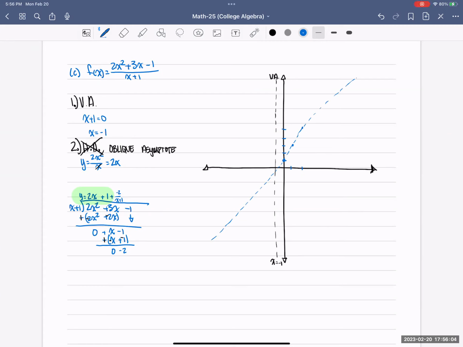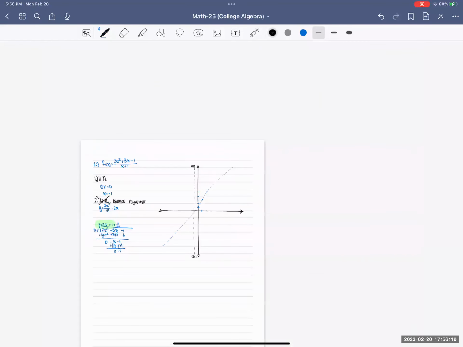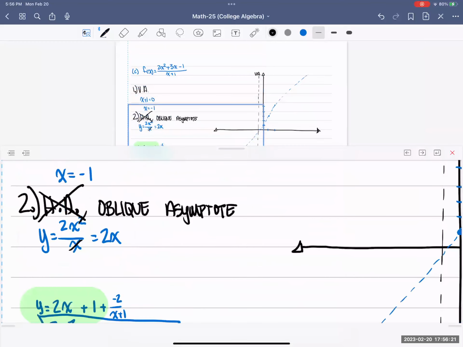I know it looks weird, but after we graph the rest of this, we'll graph it on Desmos so we can see what it looks like. But that is step 2 for graphing our rational functions. Let's move on to step 3.